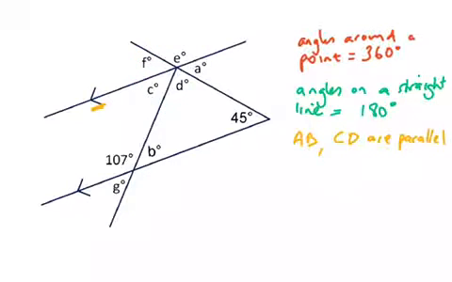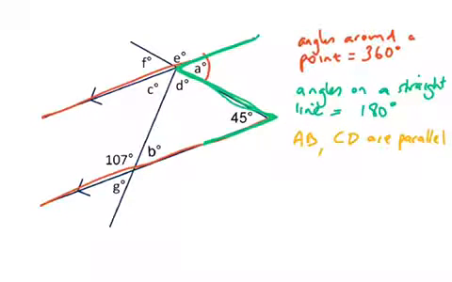Maybe a good place to start would be angle A, which is this one here. So we need to calculate angle A. One thing we do know is that these two lines, AB and CD, are parallel. If we go along here, what we've got is a Z or an N, depending on which way you look at it.